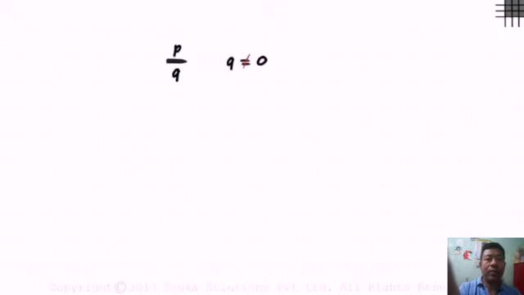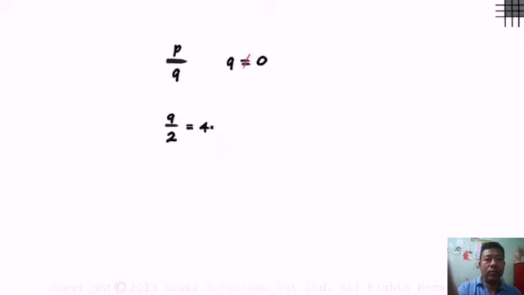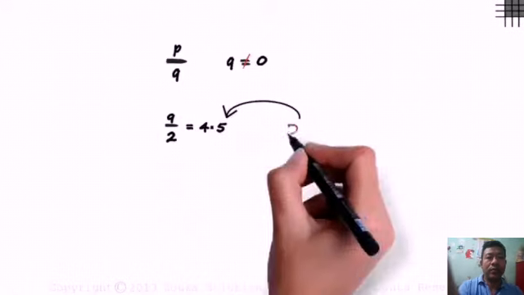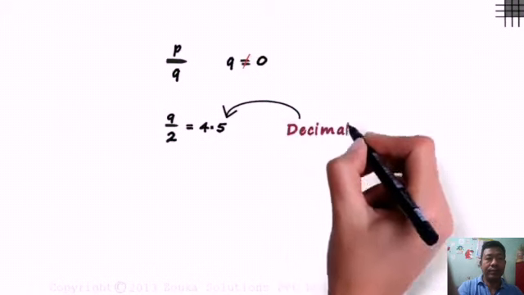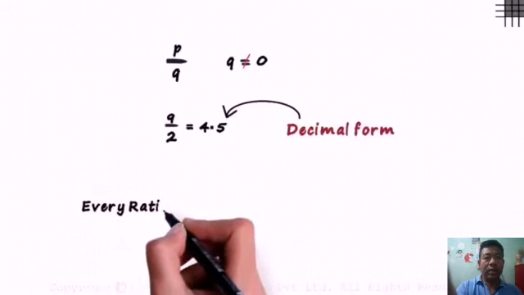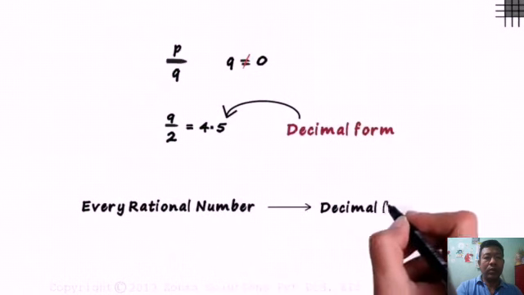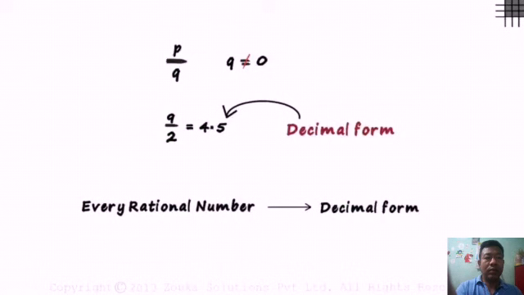Let us take an example. 9 by 2, which is equal to 4.5. What is this 4.5? 4.5 is nothing but the decimal form. Since every rational number can be expressed in the form of p by q, it can be expressed in decimal form.